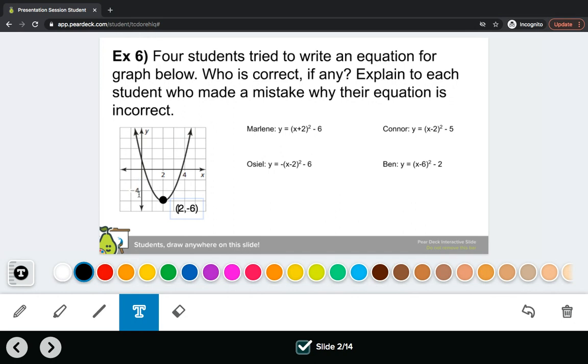Because notice our second line is -4. That means that each one of these lines is worth 2. So our scale factor is 2. That means that point there is at -6. So keeping that in mind, who is correct and why, if any?